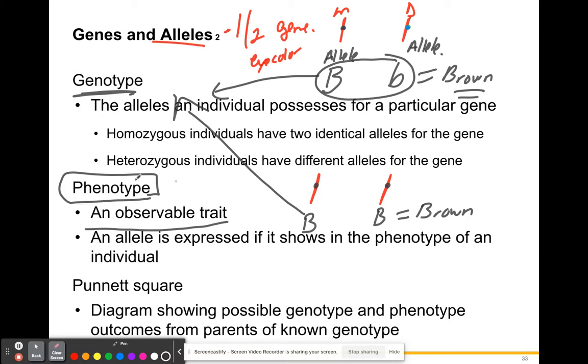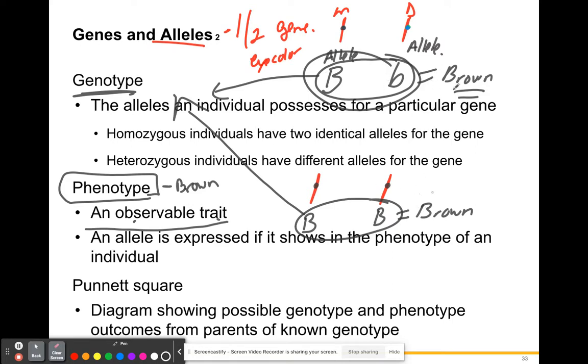So that's the difference. Here, you look at something and you say, okay, that's brown. I don't know what version of brown it is. Is it this version of brown, or is it this version of brown? I don't know. It doesn't matter because I'm just talking about an observable trait. Okay, I just observe that this person's eyes are brown and this person's eyes are brown.